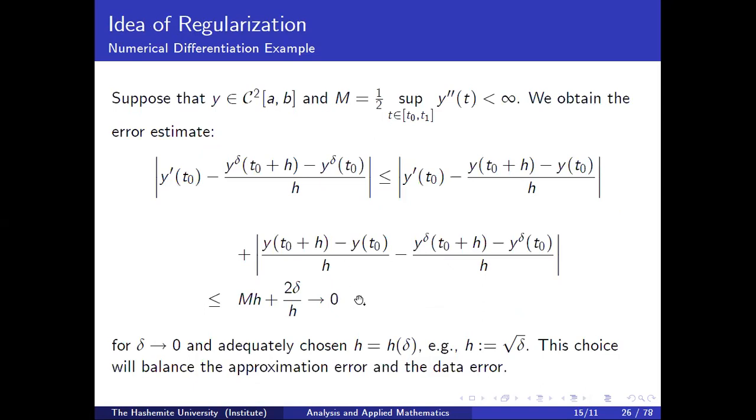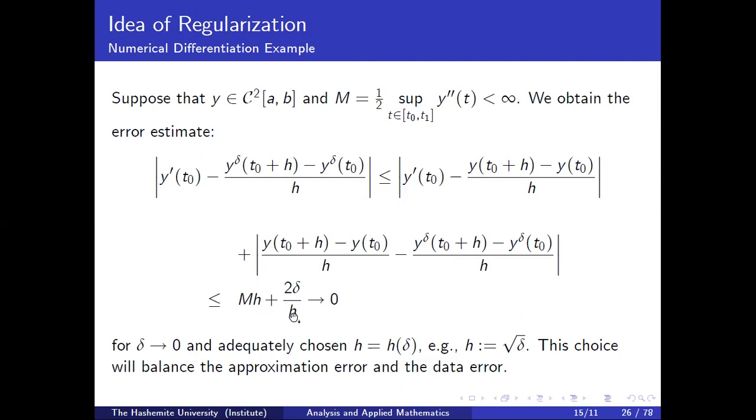What's the problem here? There are two terms that control the error. The first term is the approximation error. As h goes to 0, this will go to 0 and the approximation gets better. But what's the problem here? It is the measurement error or the data error.